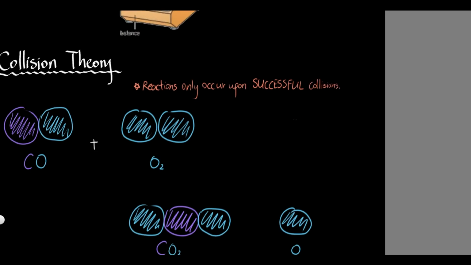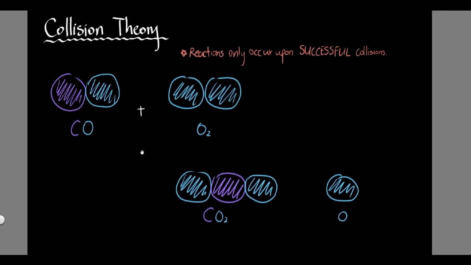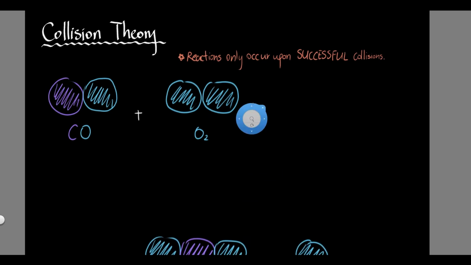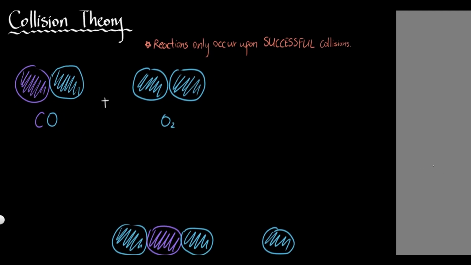I mean, totally possible. In this example, if we have a carbon monoxide molecule and an oxygen molecule, and we end up with something like this, maybe the site of collision is perhaps more like this, and between these two, it just went colliding and whatever.